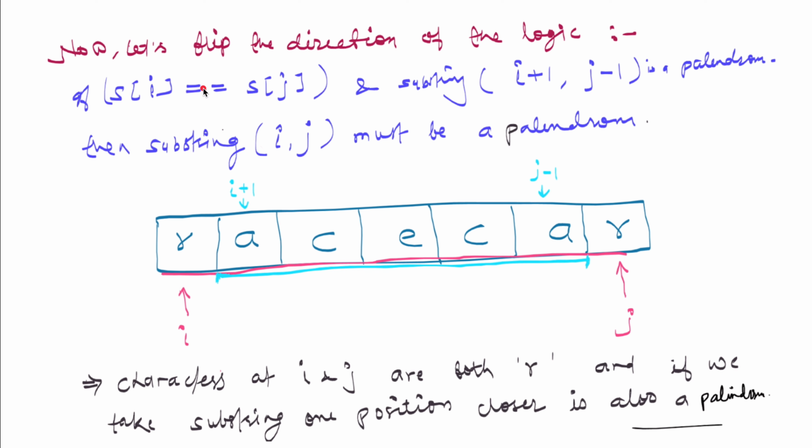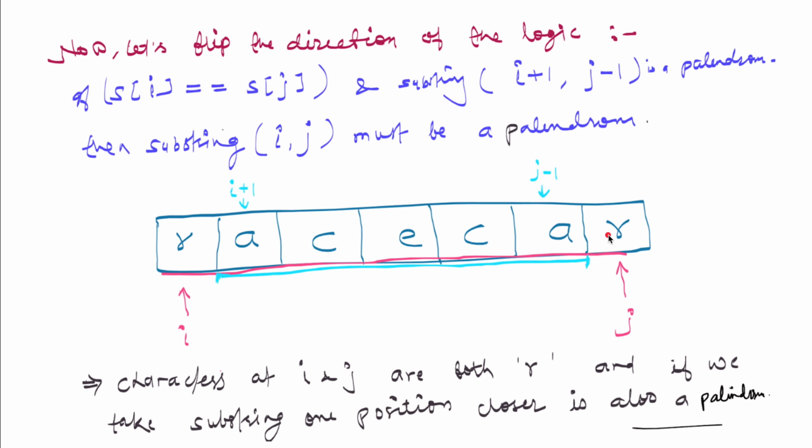Now let's flip the direction of the logic. Previously we were thinking of this r at index i. Now we go to i plus 1, where the character is a, and here we have the character at j.